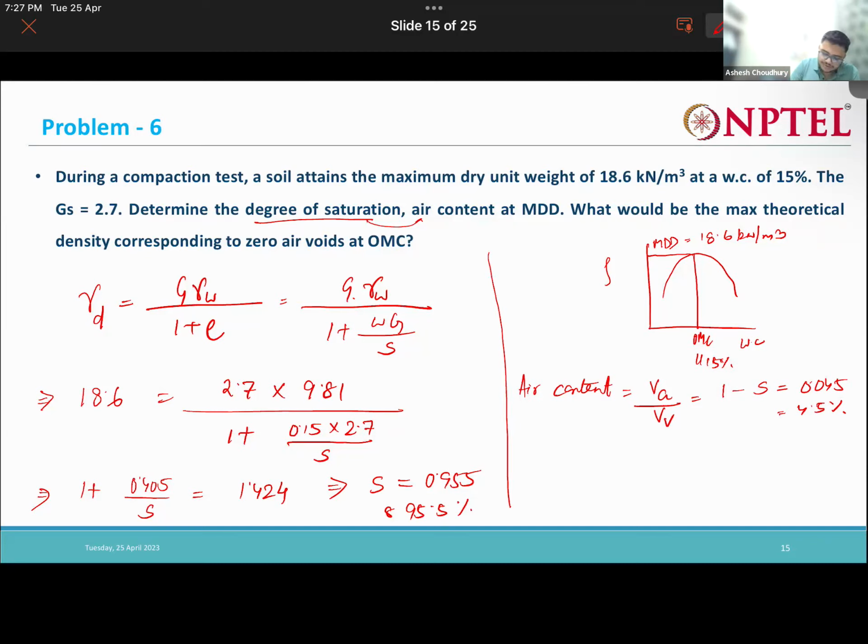Okay. Now what we need to do? We need to determine the maximum theoretical density corresponding to zero air voids. So what will be the gamma d theoretical max? How can we find this out? Same formula with S equal to 1. So G gamma W by 1 plus G. How much will this be? 2.7 into 9.81.